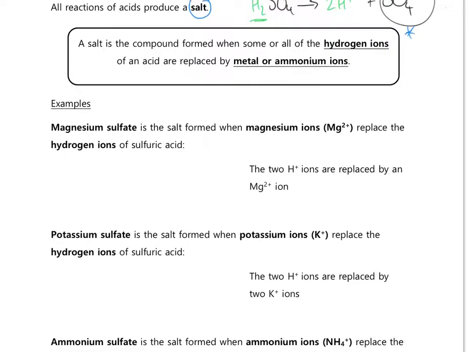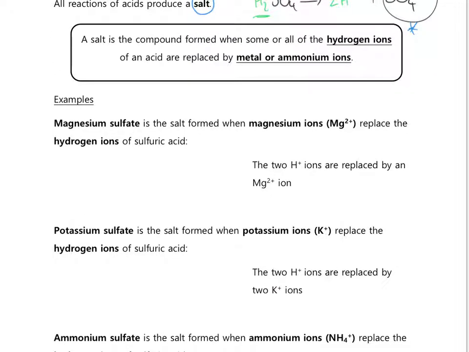So let's have a look at a few examples here, and I'm going to draw my hydrogen ions in different colours. It says magnesium sulfate is the salt formed when magnesium ions replace the hydrogen ions of sulfuric acid. I can tell it's a salt of sulfuric acid because it ends in sulfate. If we have a look at the formula of sulfuric acid, I'm going to draw my hydrogen in a different colour to make it stand out.